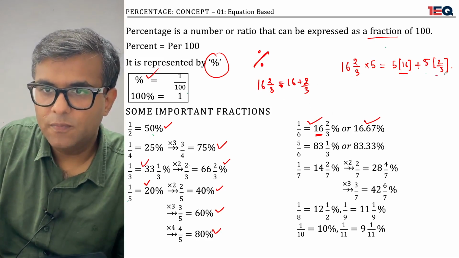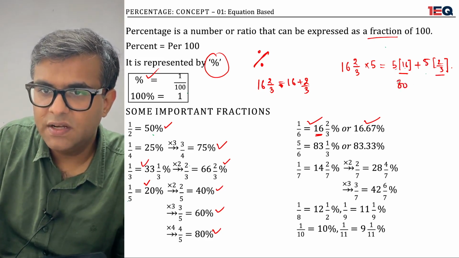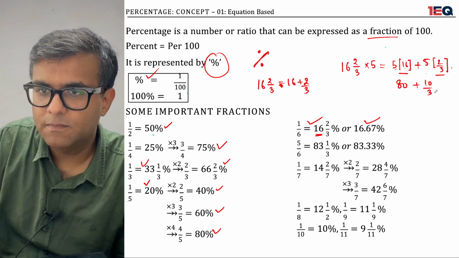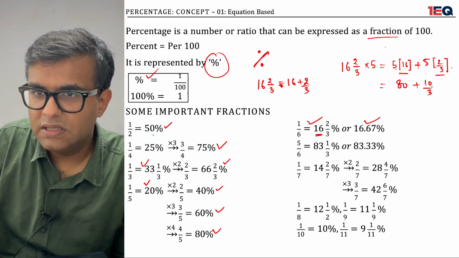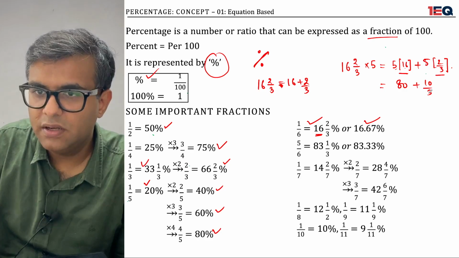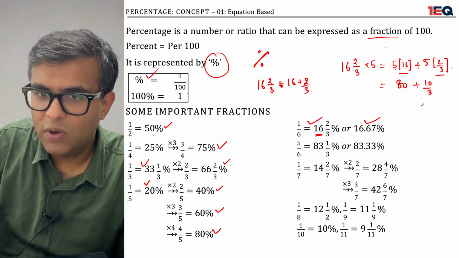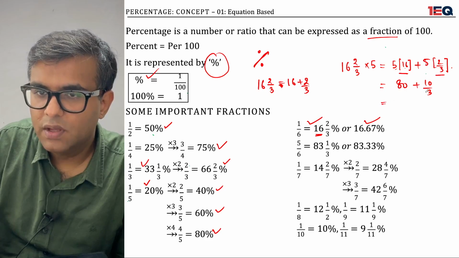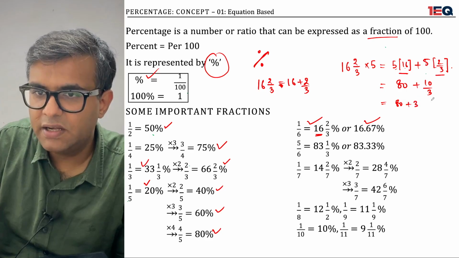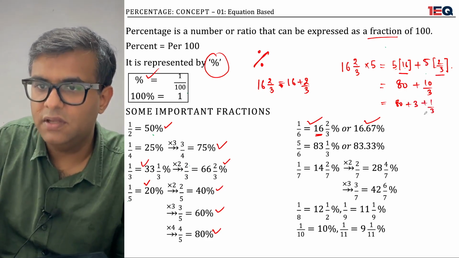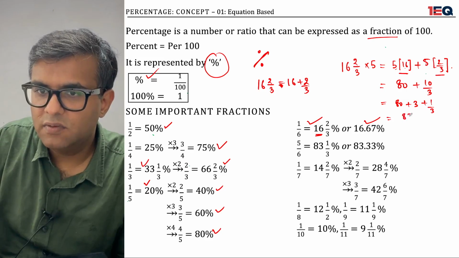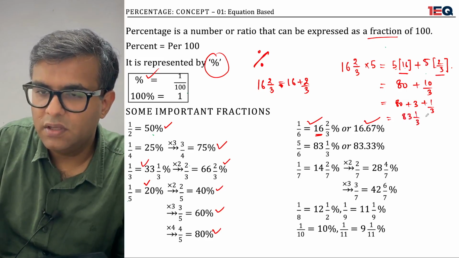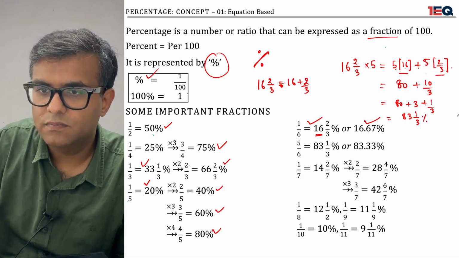I'll just show you how. 5 16s are 80, or 16 5s are 80, plus 5 2s are 10, 10 upon 3. 10 upon 3 is further splittable into 3 times 3 and 1 being left behind. This 3 times 3 would come out and be represented as 80 plus 3 plus 1 by 3. And the answer would be 83 1 by 3 percent.